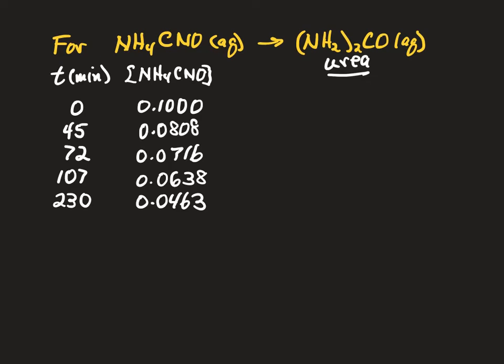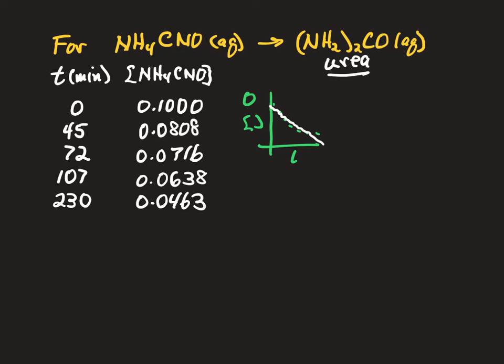So when I did the zero order plot, that is concentration of ammonium cyanate with time, I got something like that. And when I had the computer try to draw a line through, clearly there was a curve. All these points lie on one side of the line, points on either end lie on the other side of the line. That's not a good fit.